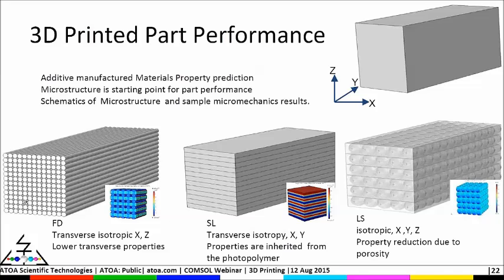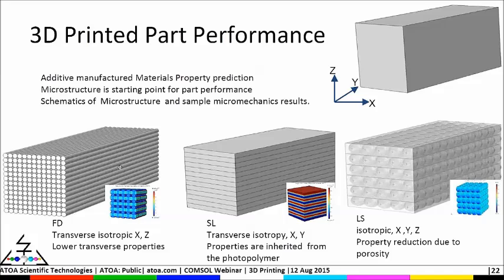What you see here at the bottom is the typical expected microstructure of the three 3D printing techniques which we considered. You also see the micromechanical simulation results as an inset within the microstructure.